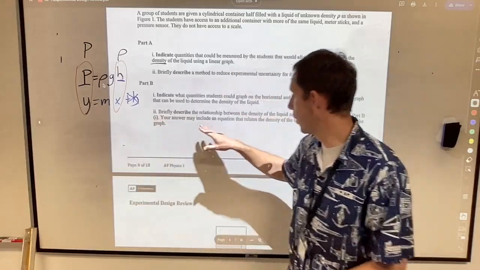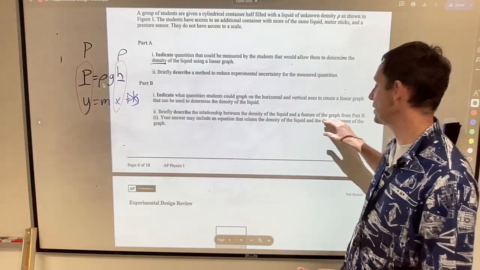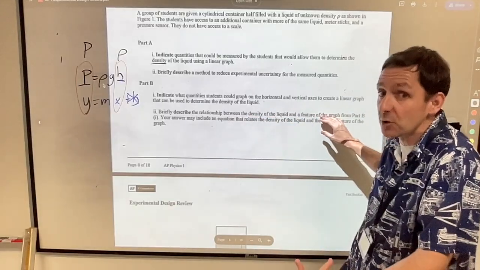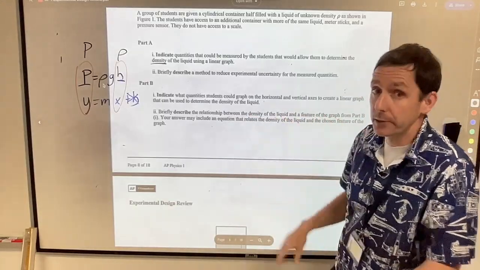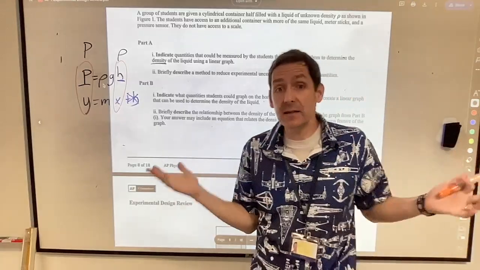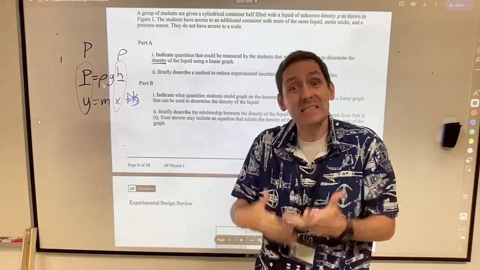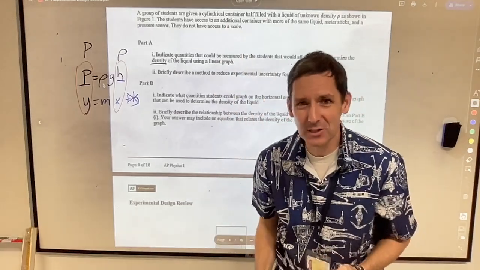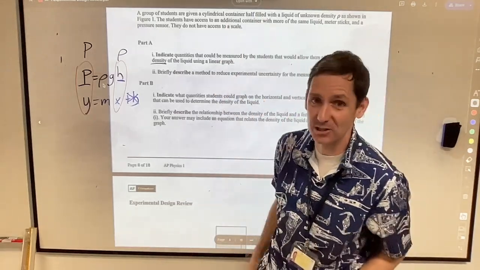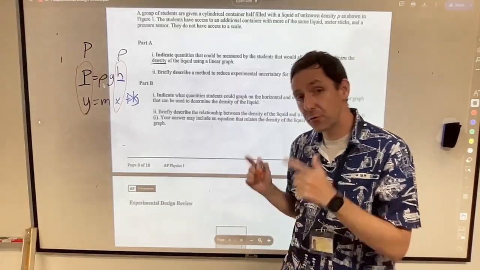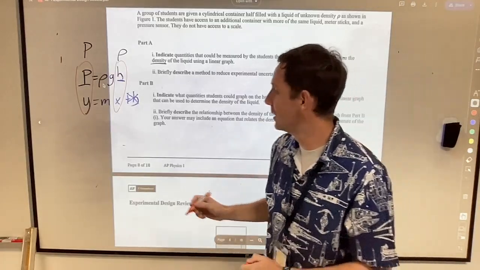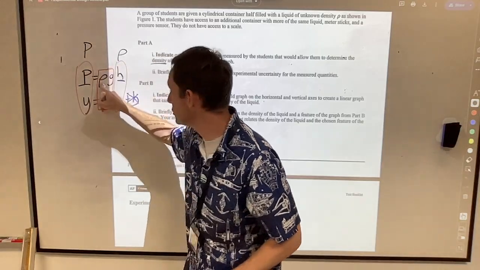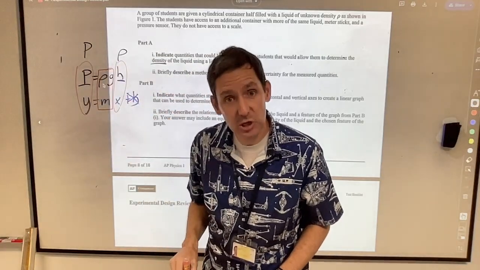Okay, and now it wants us to explain essentially how are we going to use the graph, feature of the graph, to calculate density. This is the same thing that we've done, right? Are you seeing the patterns? This is almost every single experimental design question. This is like half of the question, okay? So hopefully what you're recognizing now is that the slope is going to be equal to the density times g.